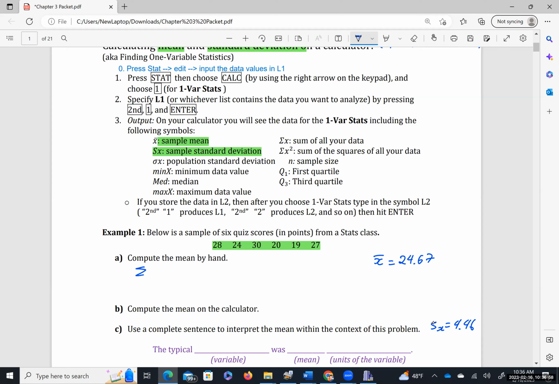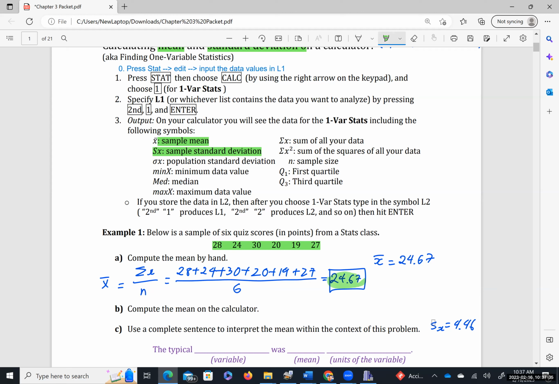X bar will be equal to the sum of all the X divided by N. So you add 28 plus 24 plus 30 plus 20 plus 19 plus 27, and then divide by N, which is 6: 1, 2, 3, 4, 5, 6 numbers. Using a calculator, I'm pretty sure it equals 24.67. So that is the way we do it by hand.